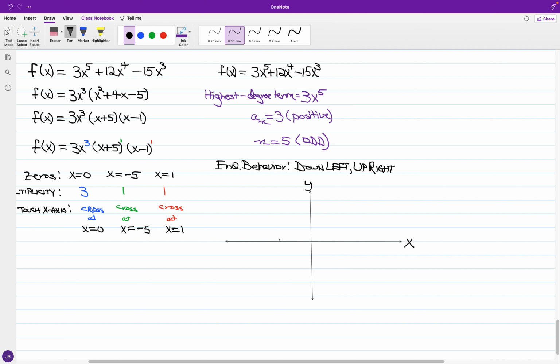So we have negative 5, 0, and 1. And we have the graph crossing for all of these zeros.